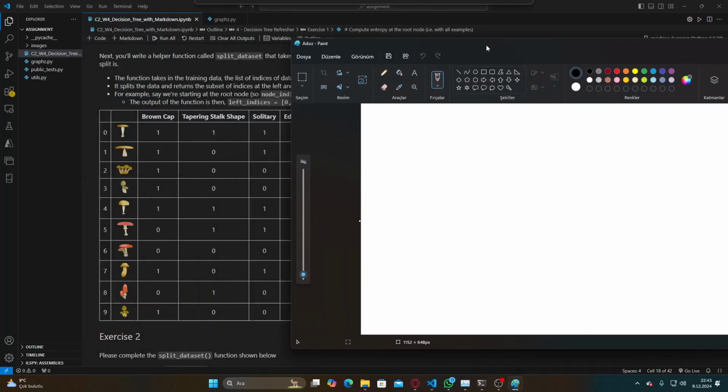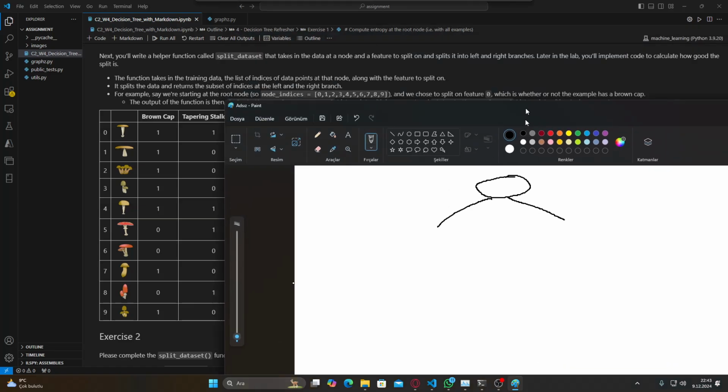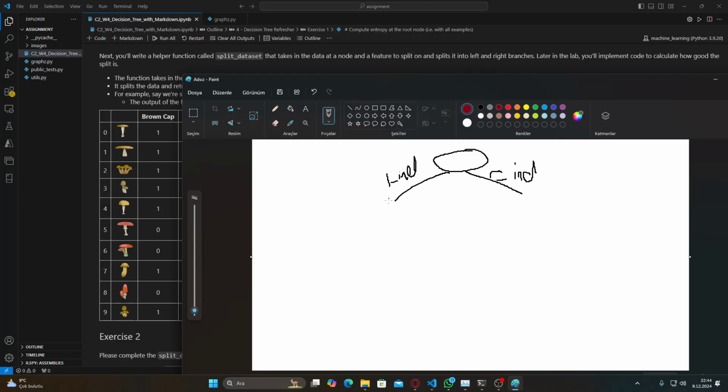Here, this is our node, and this is the right indices and left indices. Actually, I don't want to write brown cap here.